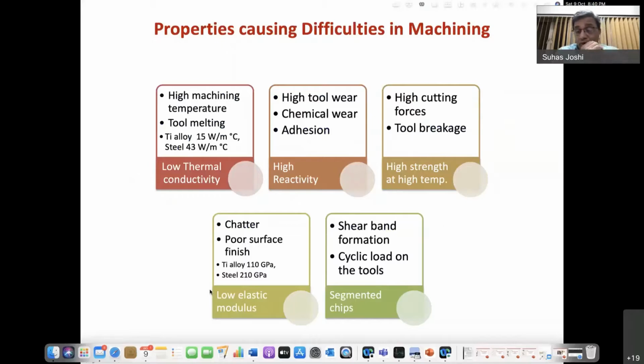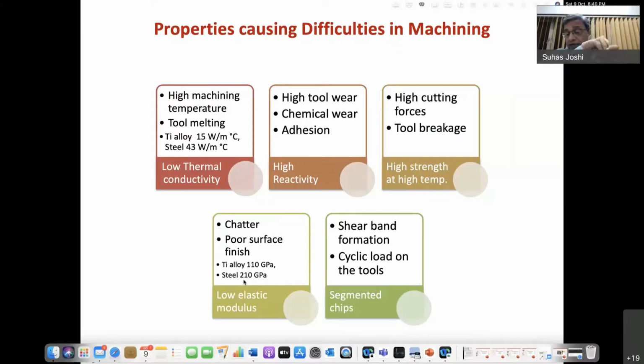Low elastic modulus is another issue. You can see the difference between the elastic moduli, it's almost half. So they have a greater spring back while you are machining. This comes into the picture while you are creating internal threads in the titanium alloys.